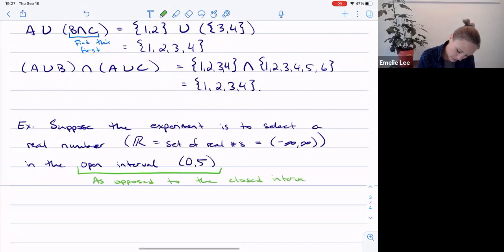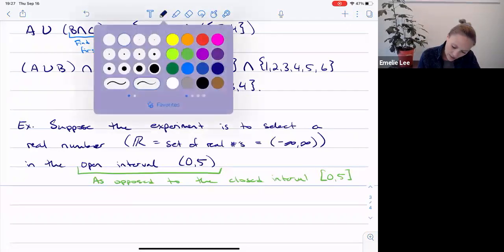The closed interval would be something like 0 to 5, and you can have a half-open interval, right? But in this case, we're talking about the open interval, which means we're going up to, and not including, 0 and 5.